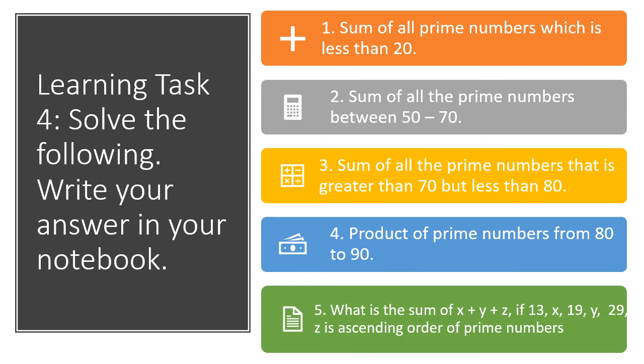Binigyan ng value yung x, 19, at saka yung z, that you have to get the sum. Gagawin mo lang, palit mo lang yung value, tapos get the sum. Medyo nakalito lang yung is ascending order of prime numbers. But anyway, just get the sum. That's it. Okay? Pwede na yun. Kasi naglagay na naman dito ng value ng x, y, and z. Okay?